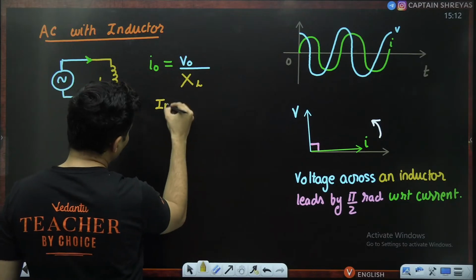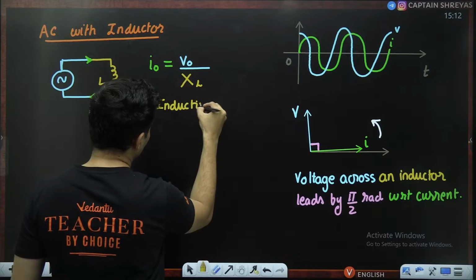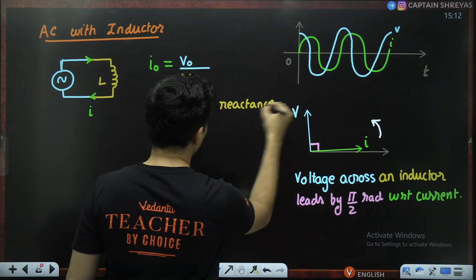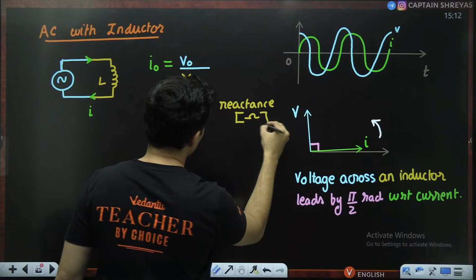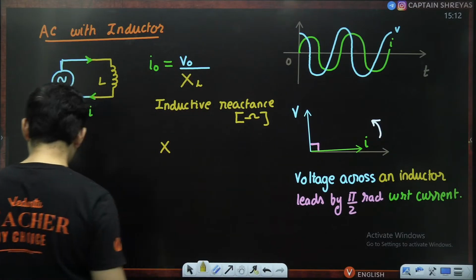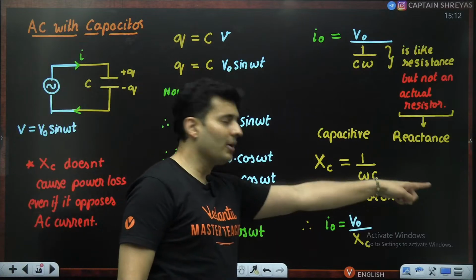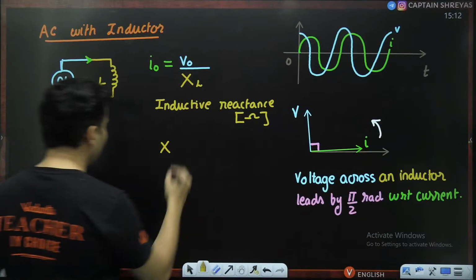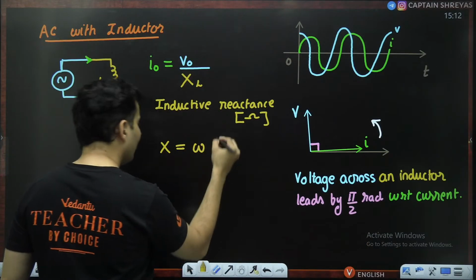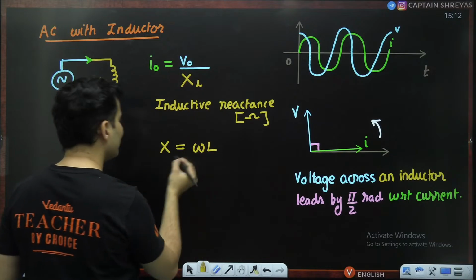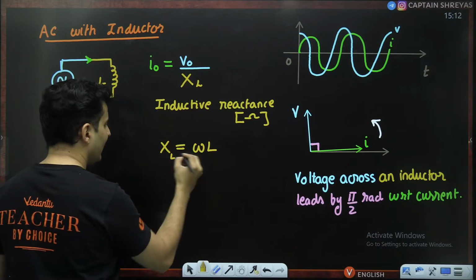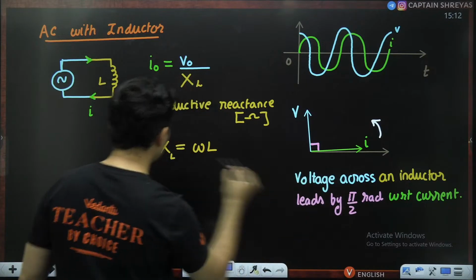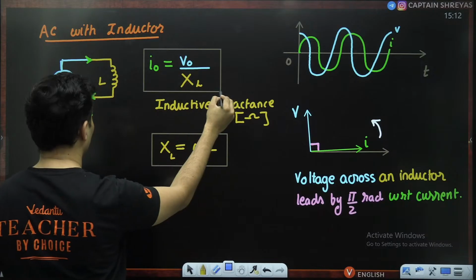This will be called the inductive reactance, again measured in ohms only, no difference at all. Just like capacitive reactance was 1 by omega C, everything is opposite now in the inductor. So instead of 1 by omega C, it will be omega L, since there is no capacitor, there is an inductor. So XL is actually omega L. This is the formula for it. All these things you better remember, my dear warriors.